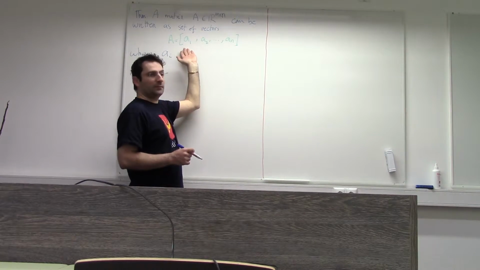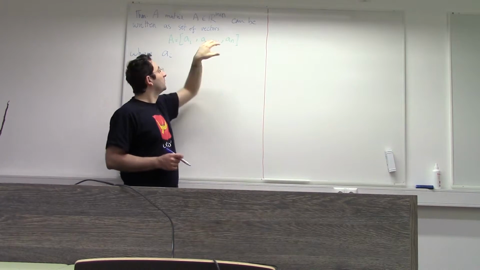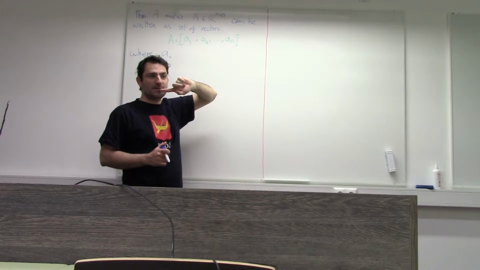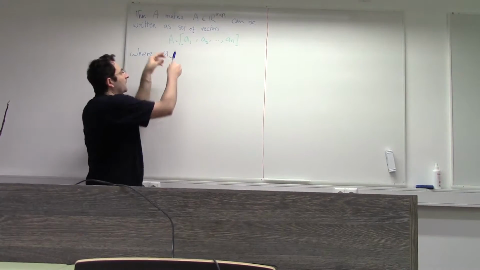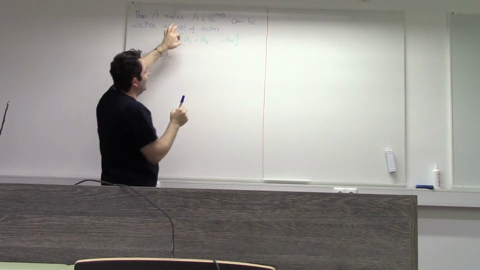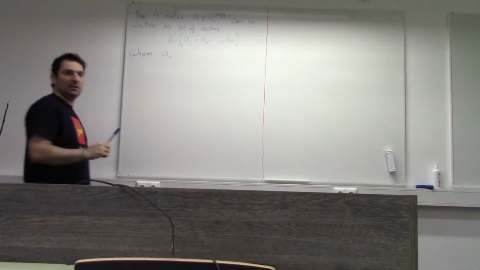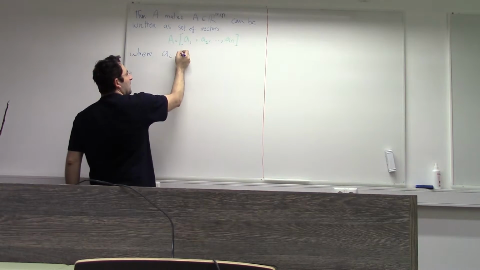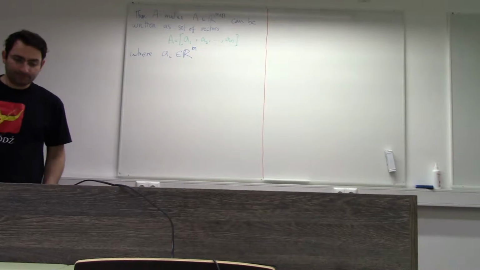So what should each of these be in order to make this look like a matrix? Each of them should be a column vector, right? But what should be the number of elements inside the column? That would be M. Sorry, M, because it's the number of rows. So this is a column vector in Rm.